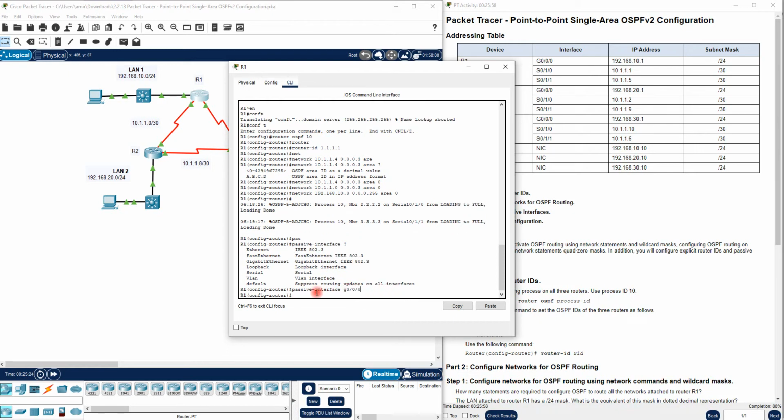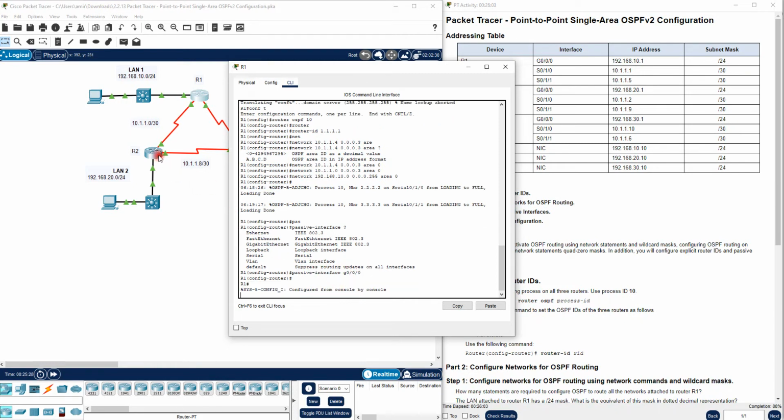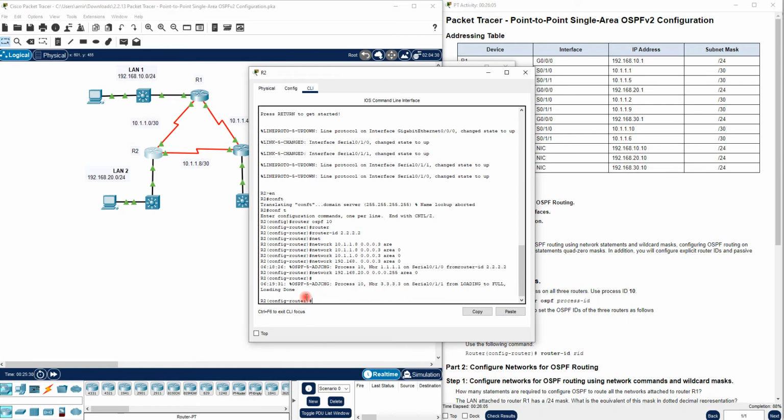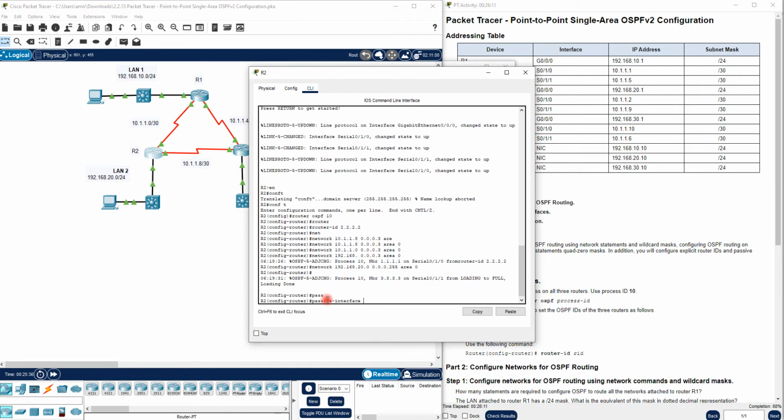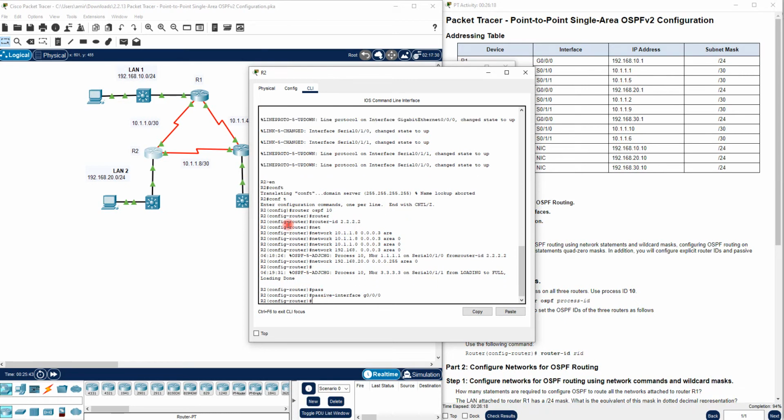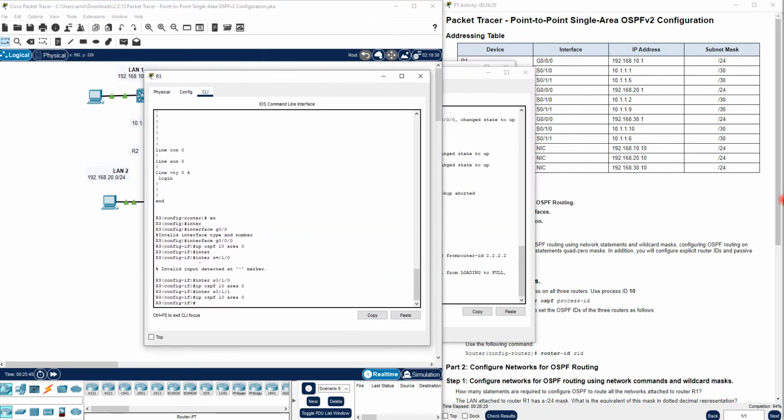Yes, and we can also write it for passive interface G0/0, and also the same process for router OSPF.